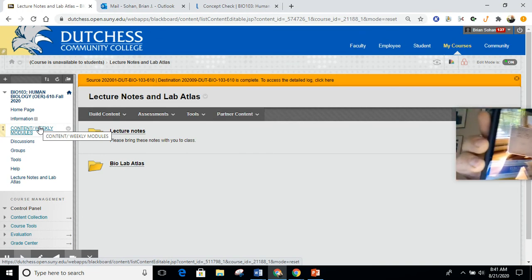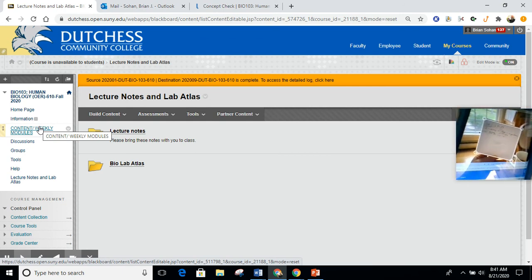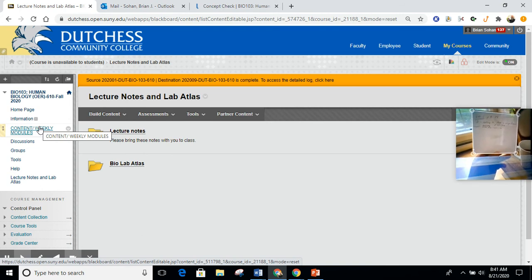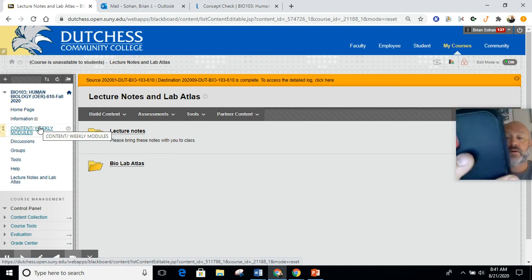It automatically crops it for you. You could adjust the edges, which is pretty handy, but I like it the way it is. So I'm going to hit Keep Scan, and then I'm going to hit Save.